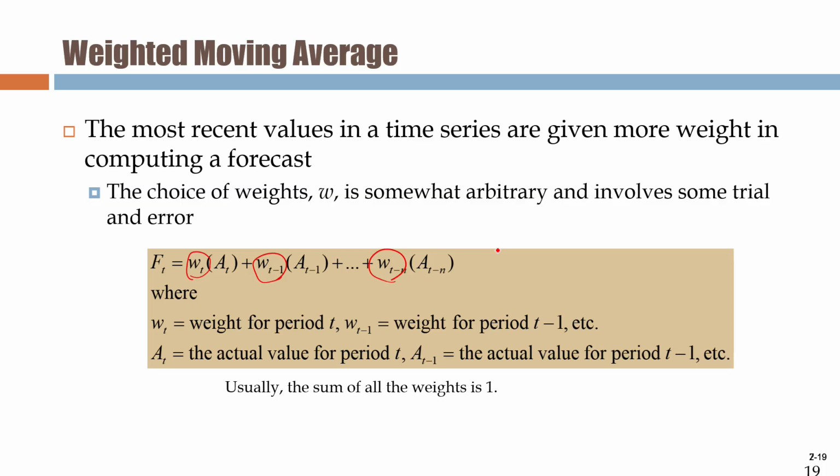This is a reasonable idea, but the problem with the weighted moving average is that it's not easy to decide how much weight to apply. Okay, I understand new data is more important than old data, but how much weight are you going to assign?